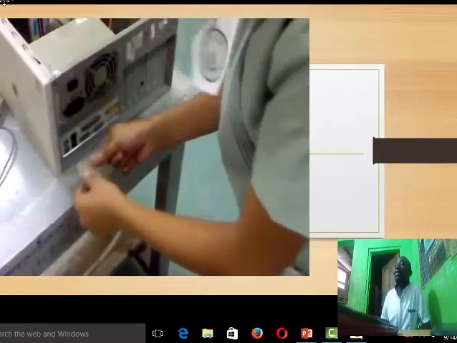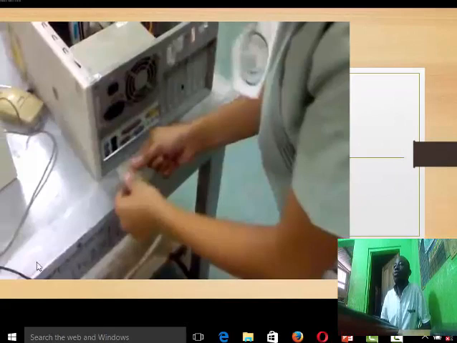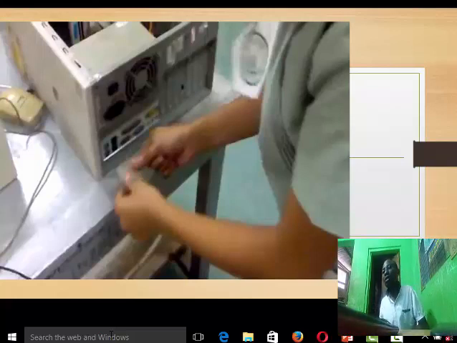So you can see, as I was saying, this is an example of the system unit. The components found in the system unit are many, but we are going to learn them one by one. This is the power socket.